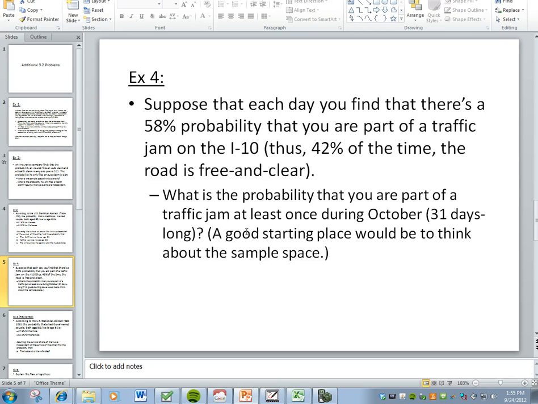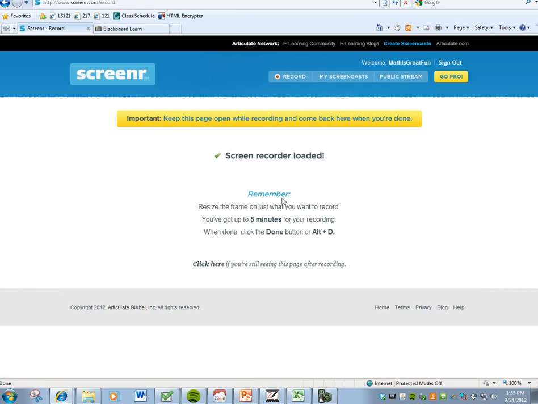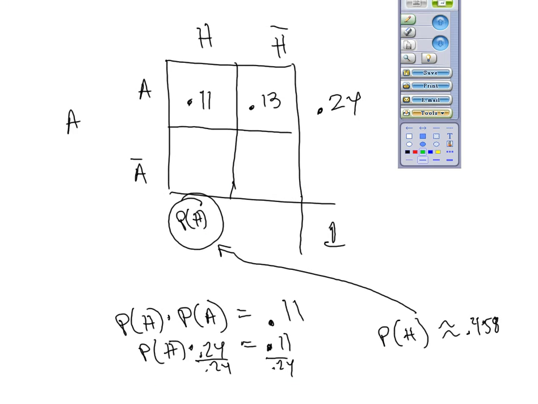October is 31 days long. A good starting place would be to think about the sample space. So what are the possibilities? Well, we want to know the probability of having at least one traffic jam. Since there are 31 days, here is my set of possible outcomes. What can happen over these days? Well, it either is a traffic jam or it is not.